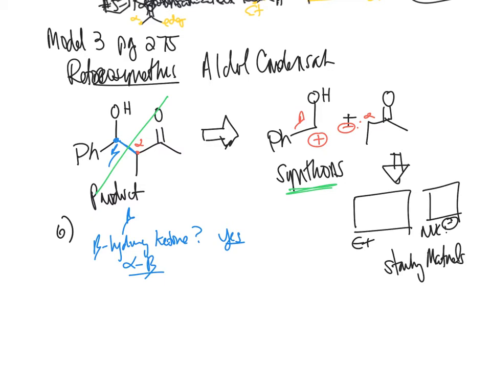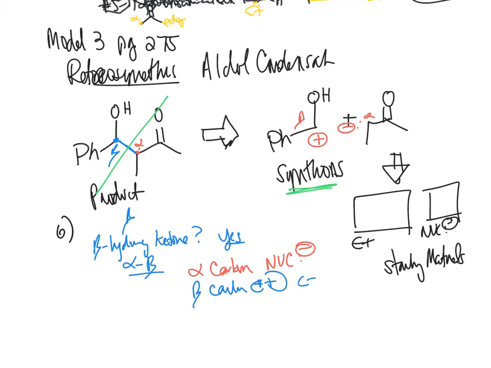And then it says, on an aldehyde, which carbon is the nucleophile? So your alpha carbon is always going to be your nucleophile, and your beta carbon will be your electrophile.